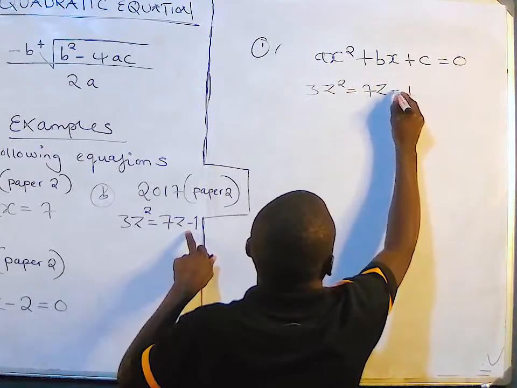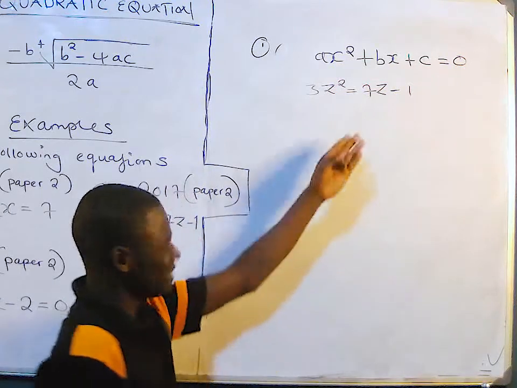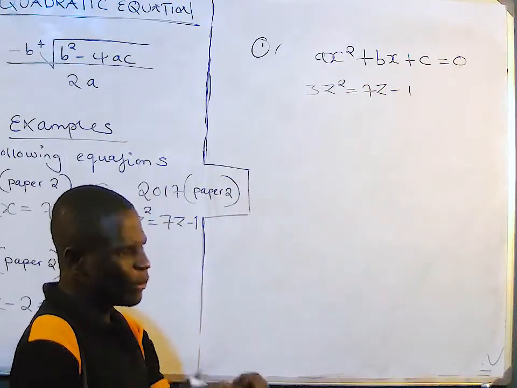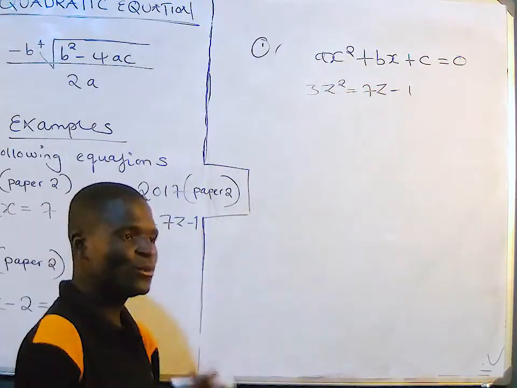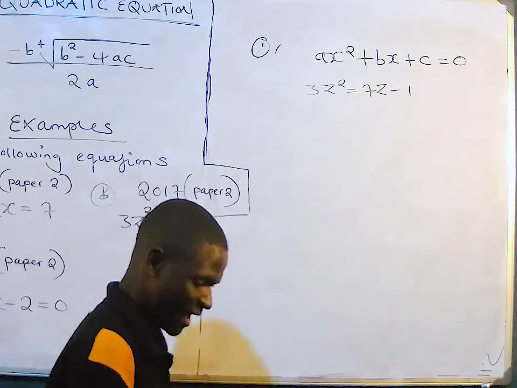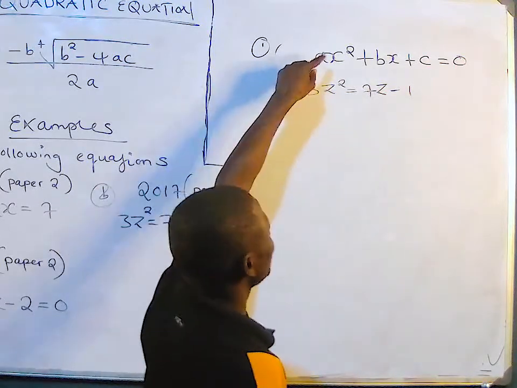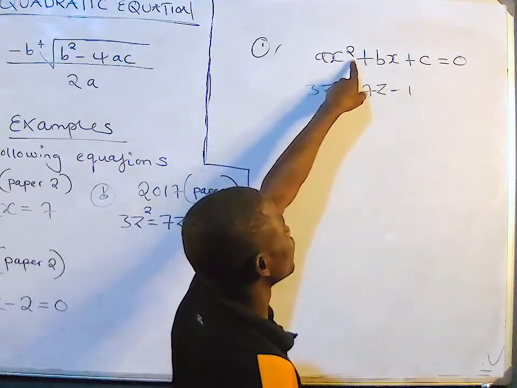If you look here, is this arrangement proper? Is it properly arranged? The way it is, these things are not in order. We must correct it. As you can see, the first one must have the squared term.